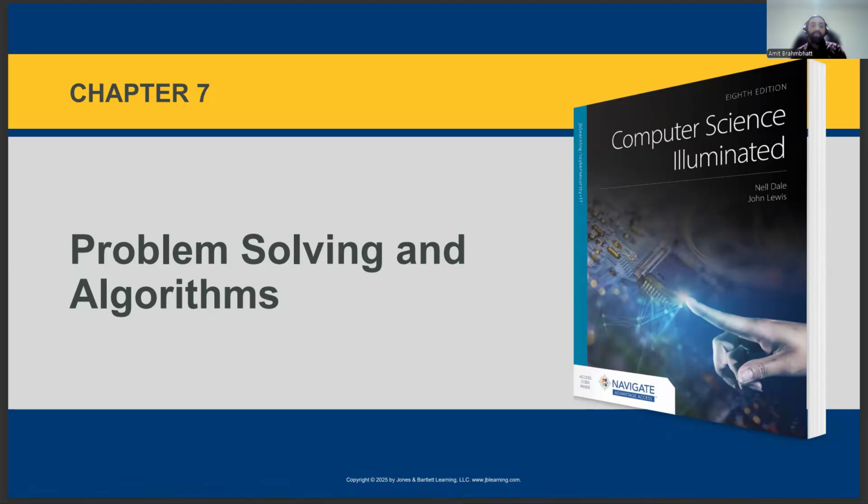In this chapter, we explore various techniques for thinking through problems, breaking them down, and expressing solutions clearly. You'll see how computer problem solving follows a well-defined process and how algorithms, step-by-step, unambiguous instructions, allow computers to carry out those solutions reliably.